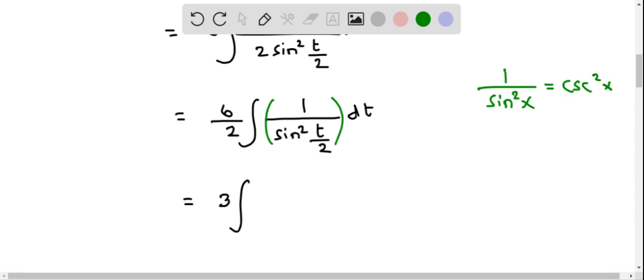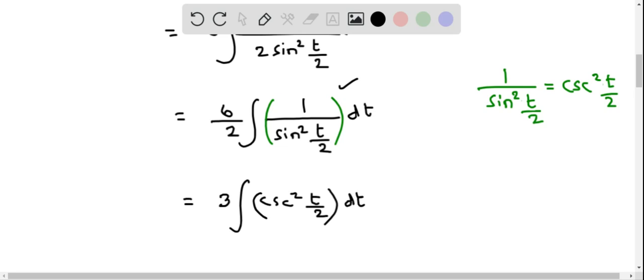So if we replace x by t by 2, 1 over sine squared t by 2 will become cosecant squared t by 2. So that's what I'm going to do here. This is written as cosecant squared t by 2, and then dt.